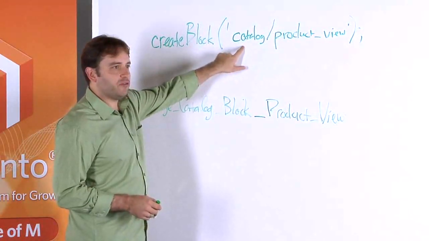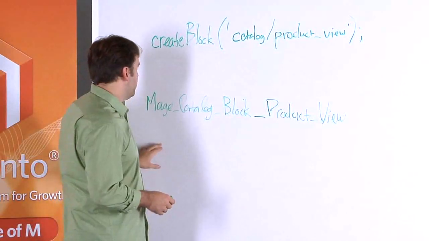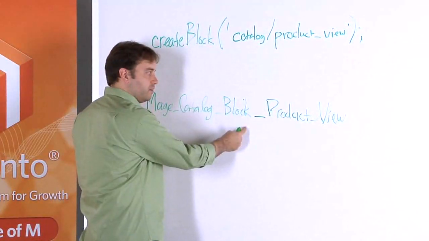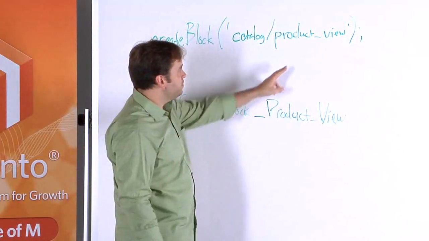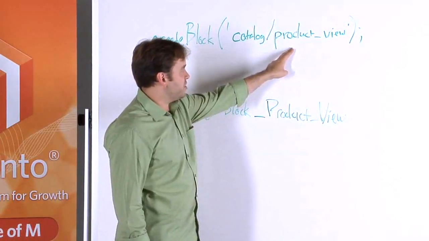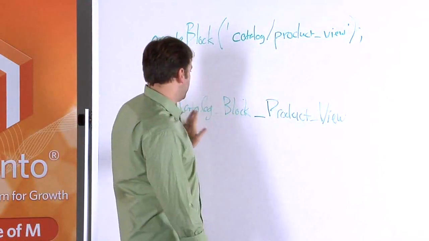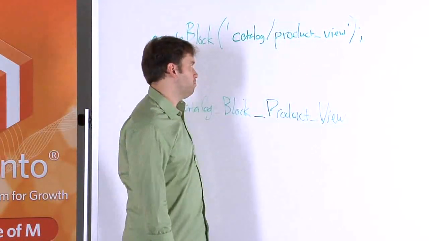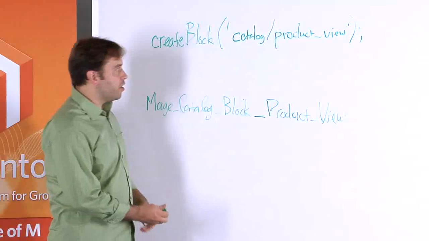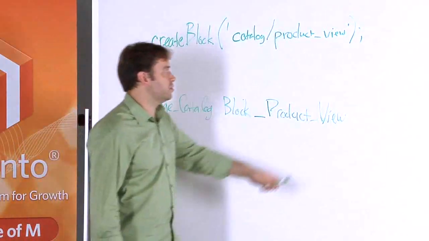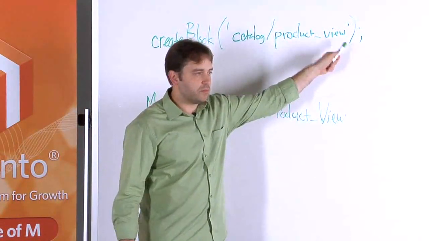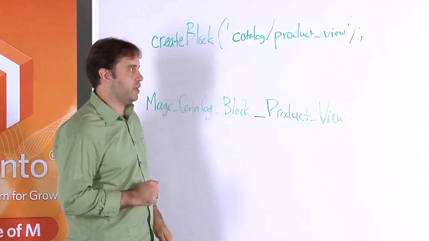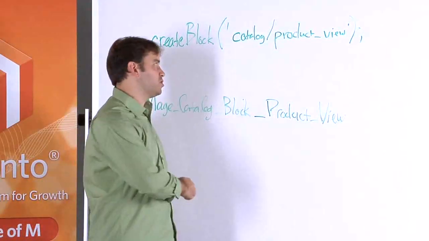So think about it this way. This is going to look in a configuration node somewhere. I'm going to find the class prefix, Mage Catalog Block, and then we're just saying, hey, I want to use Mage Catalog Block Product View. One other note, of course, is that you can certainly camel case this if you want. I prefer to always keep it lowercase, and Magento does almost all the time as well.